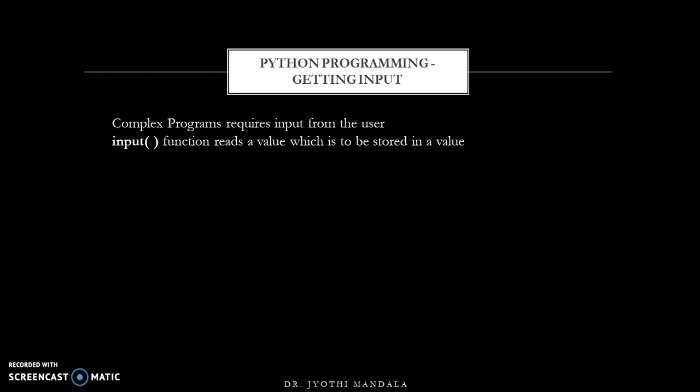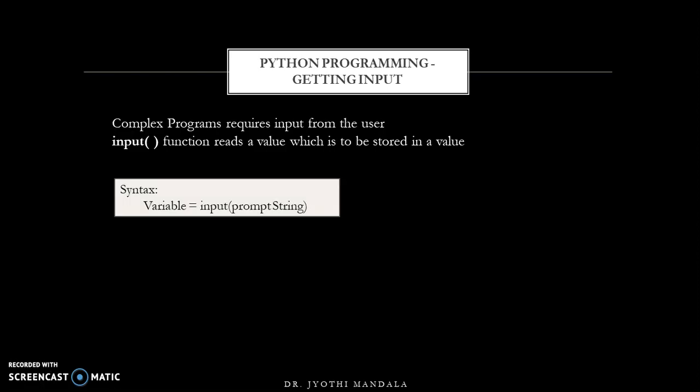The input function reads the value which is to be stored in a variable at the time of execution. Now the syntax is: whatever variable you want to store into, you use that variable equal to input function, and within the input function you need to give a prompt string.